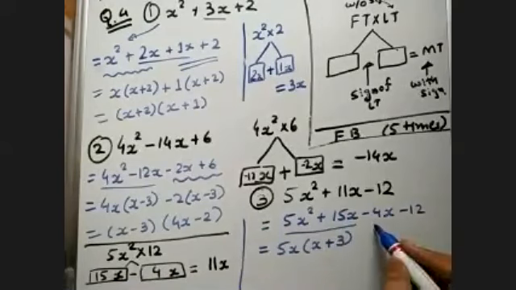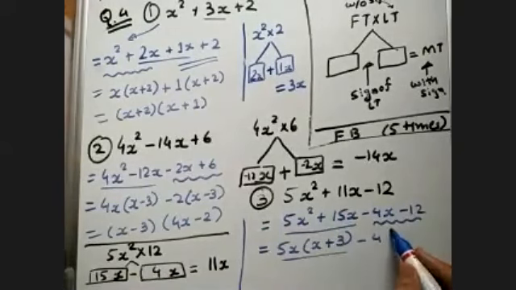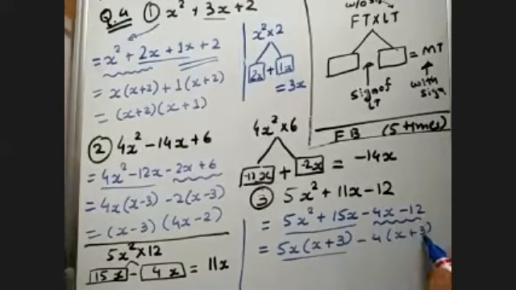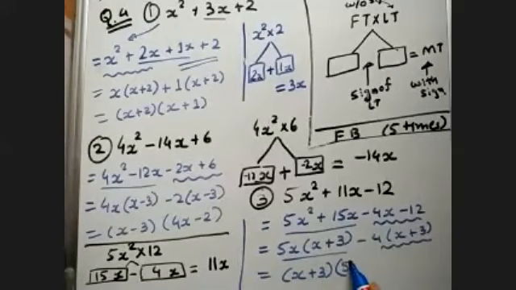And from the last two terms, if I take minus 4 common, it is x plus 3. So from all of them, if I take x plus 3 as common, here it will be left with 5x and here it will be left with minus 4. So x plus 3 and 5x minus 4. So is it clear?